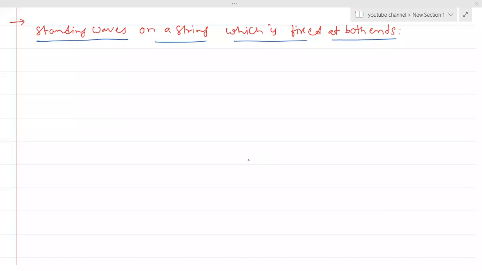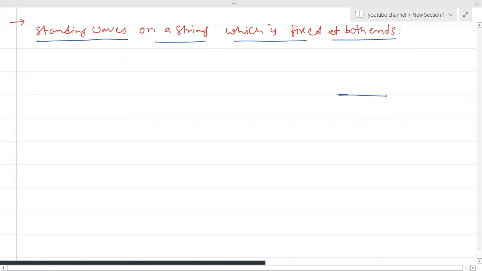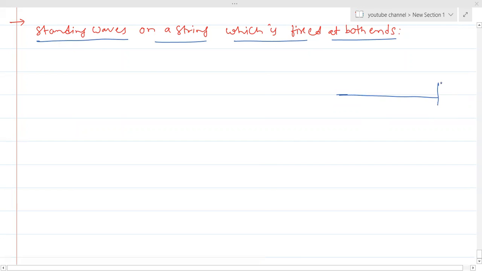Now we will think of standing waves on a string which is fixed at both ends. Suppose I am taking this is a string, which is rigidly fixed at both ends.